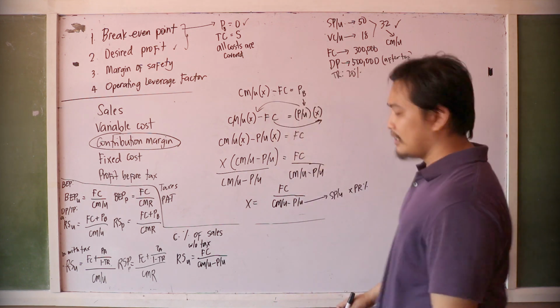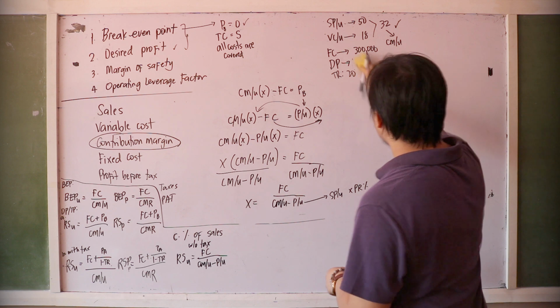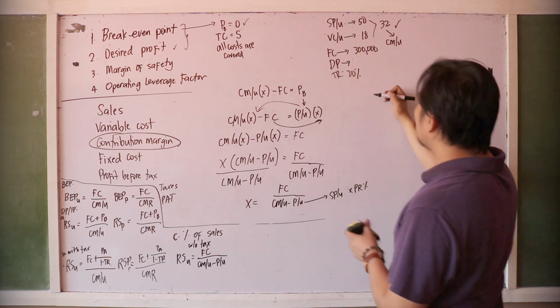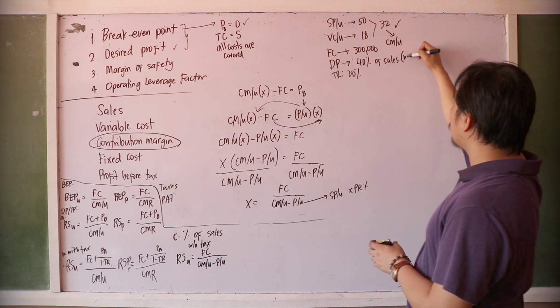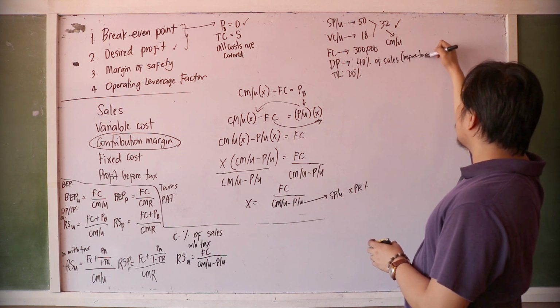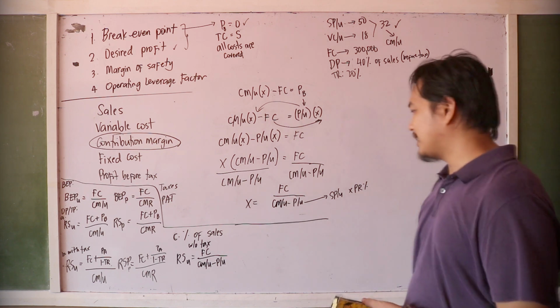Try natin. Instead na desired profit na 500,000, let's say na ang kanyang gustong profit is yun nga, 40% of sales. Before, let's say na yung desired profit niya is before tax. Mamaya na lang tayo mag-tax.